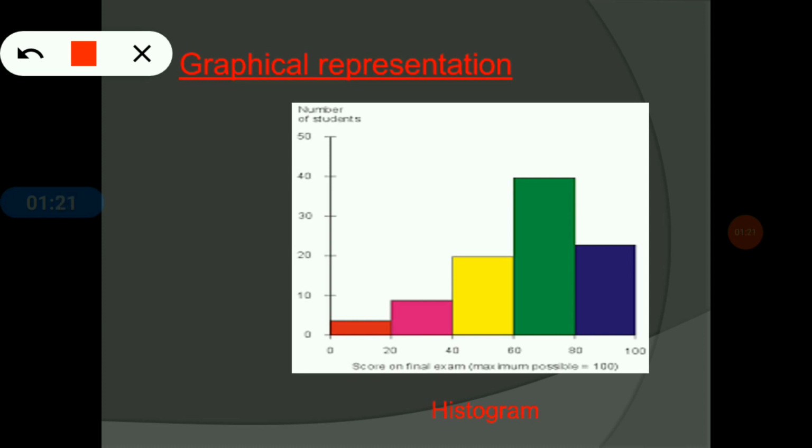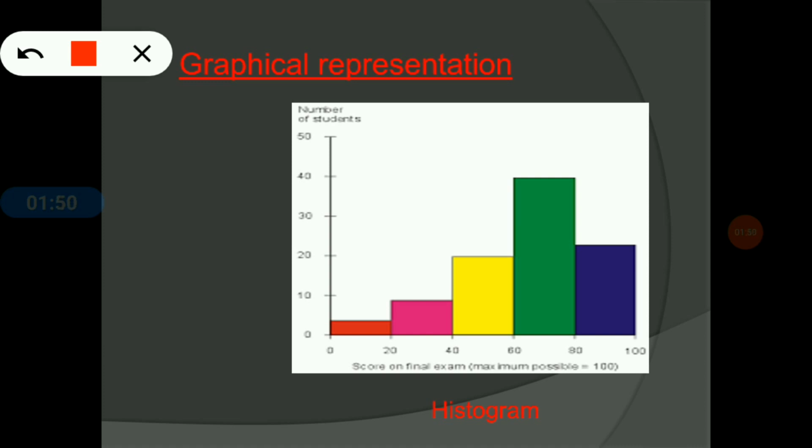What type of data is used in a histogram? All the data used in a histogram are continuous variables. All data are continuous data. So the bar diagram and histogram are both very similar in looks, but they are different according to their characteristics.